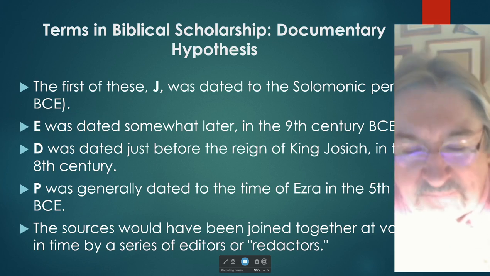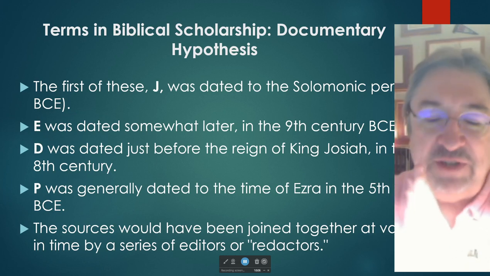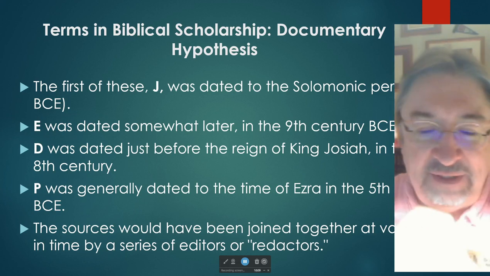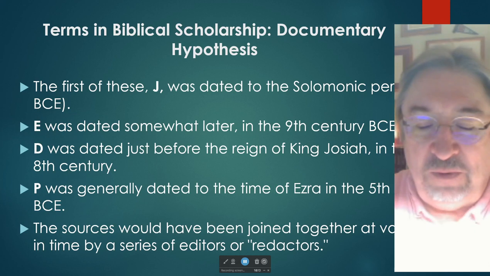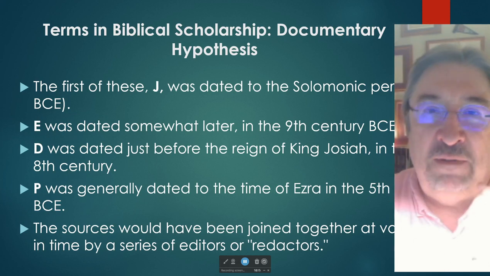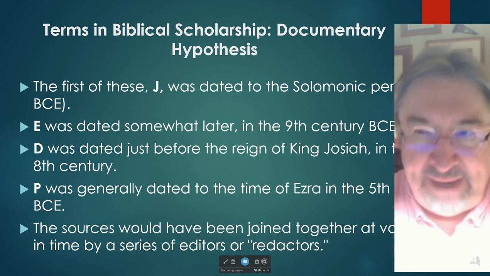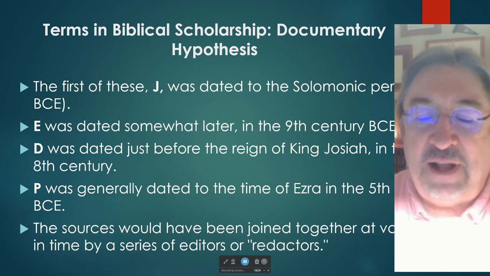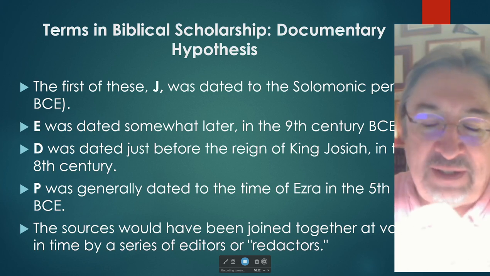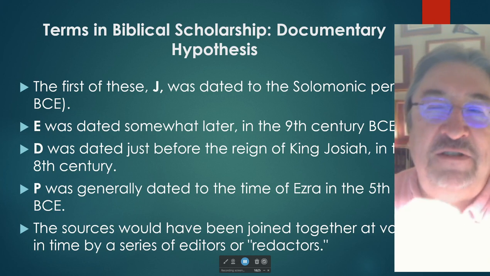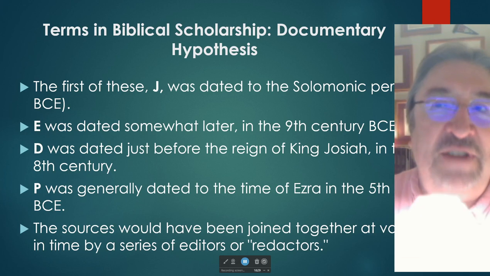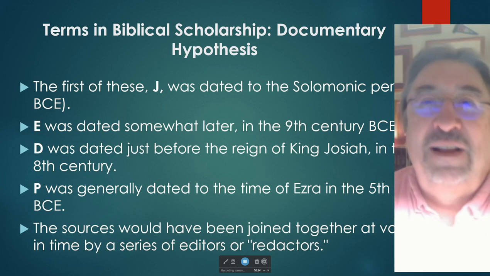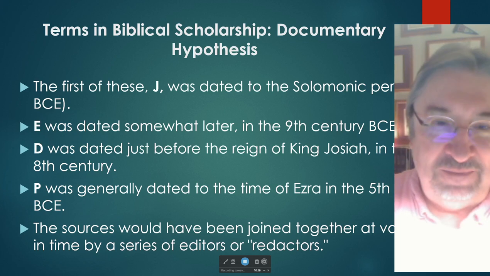Now, the first of these sources, J for the Yahvist, basically dates to what we call, in terms of Hebrew history, the Solomonic period. This is basically around 950 BCE. In other words, 950 years before the Common Era.